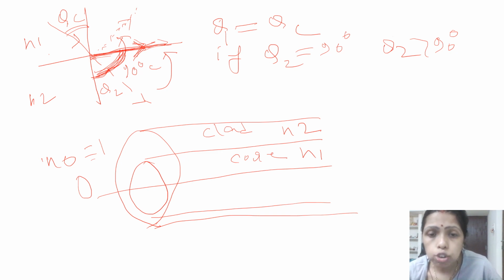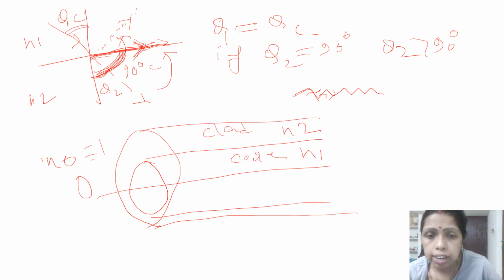For creating total internal reflection in the optical fiber, because the light has to propagate through the fiber, the light should follow total internal reflection. If light is incident on the core and cladding interface, it should be reflected back. It should not go through the clad layer to the outside.